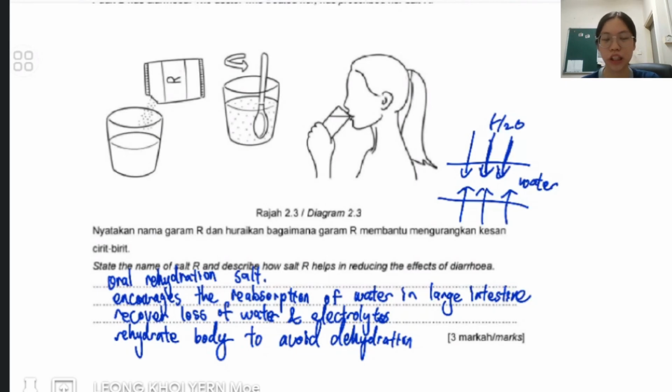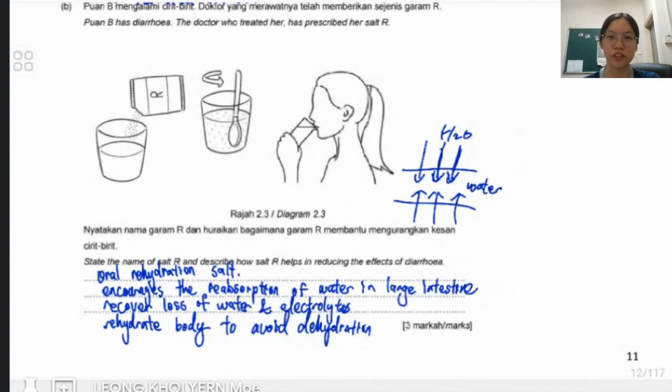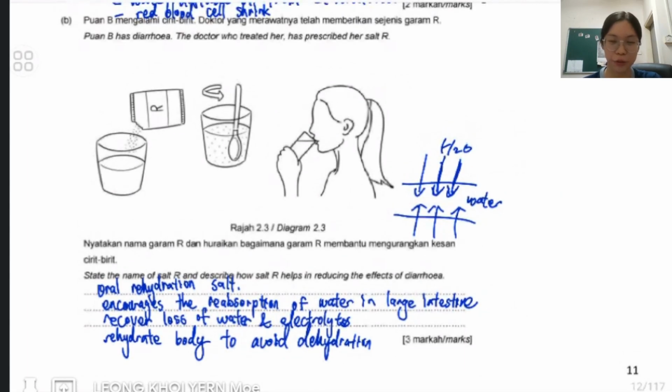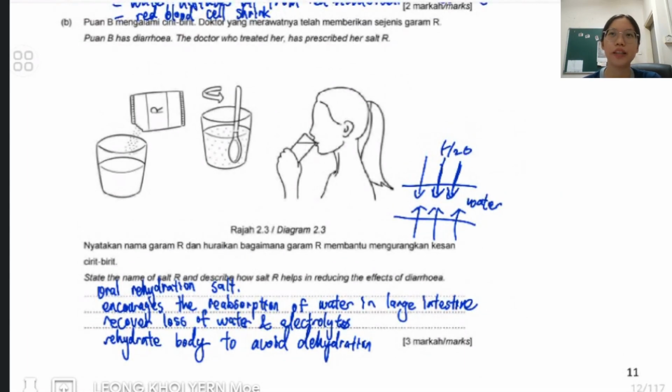It's not a hypertonic solution, so your red blood cell won't undergo crenation, that type of worst-case scenario. But both saline and oral rehydration salt are used to recover the loss of water and avoid dehydration, to rehydrate the body.